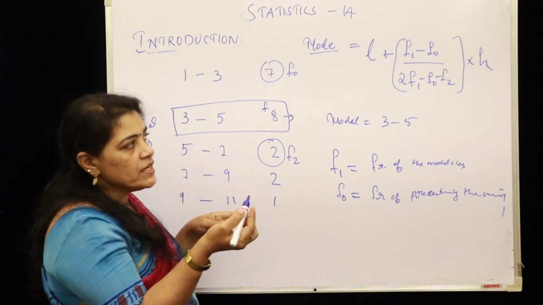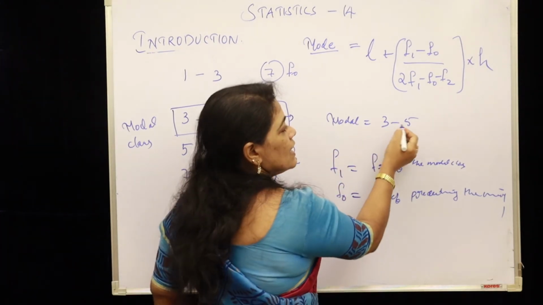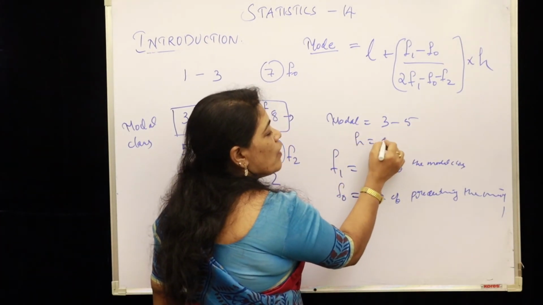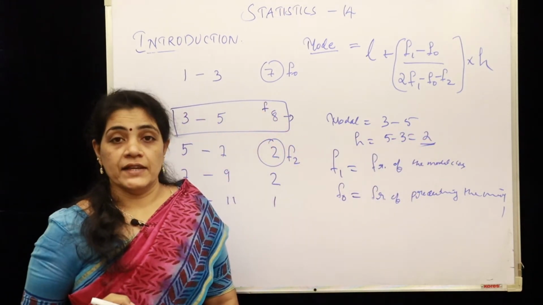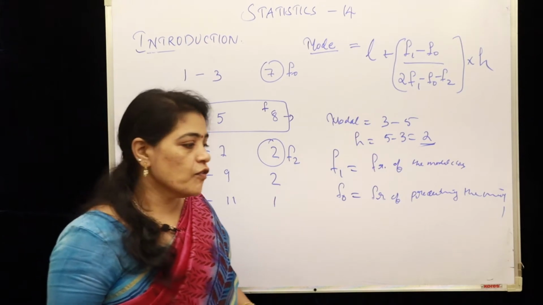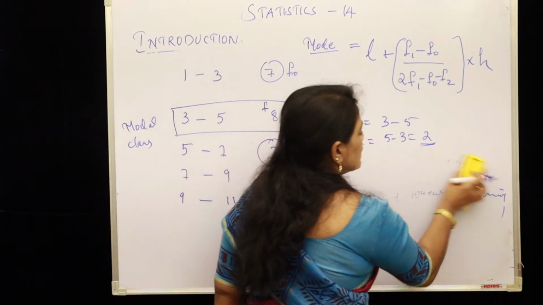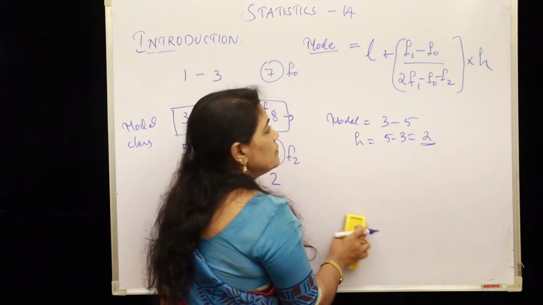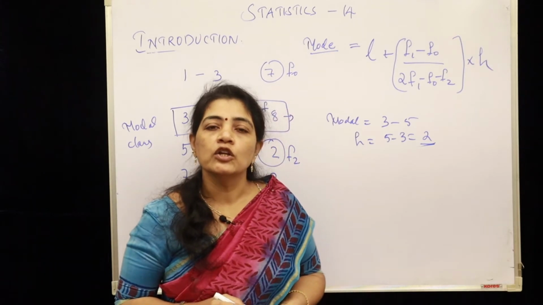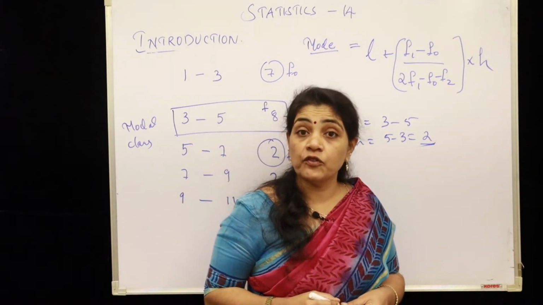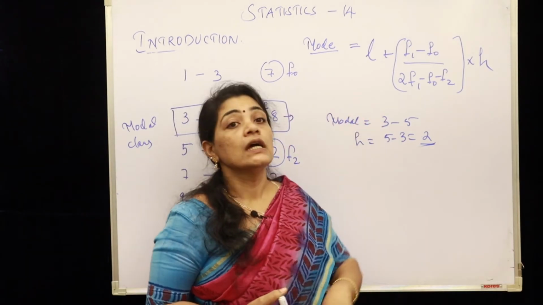And H is the class width, the size, that is 5 minus 3, which is 2. Now we can easily find the mode of this continuous frequency distribution problem using L plus (F1 minus F0) divided by (2F1 minus F0 minus F2) into H. That is the formula to find the mode.